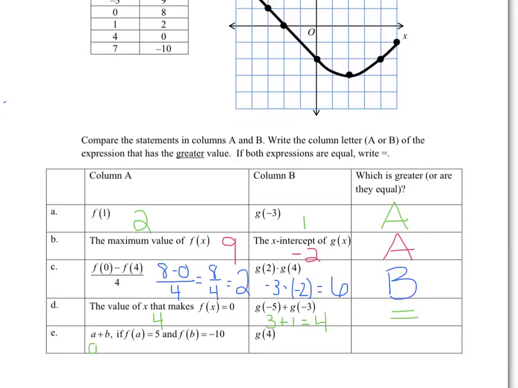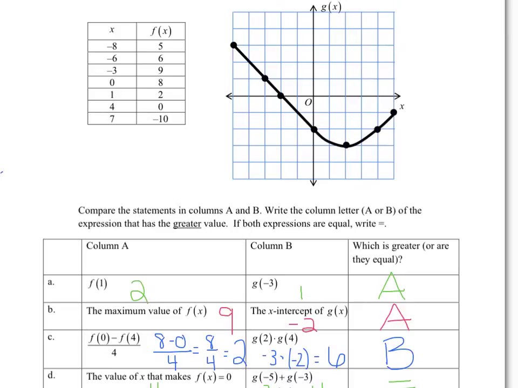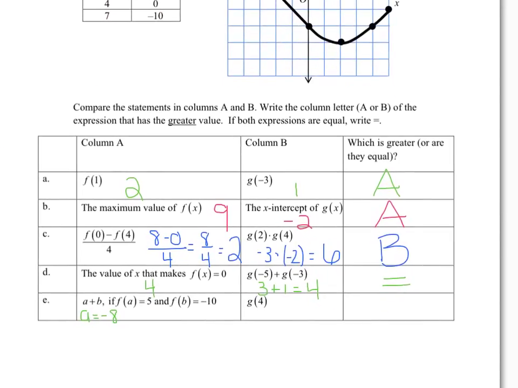So a is going to equal negative 8, and then f of b equals negative 10. So where does f of b equal negative 10? Equals it right down here. So x is 7, which means b is 7. And what we're looking for is a plus b. So negative 8 plus 7, which is going to equal negative 1.